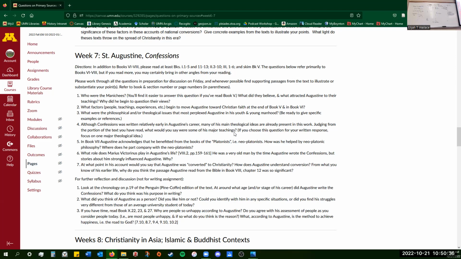All right, so questions. Manichaeans: what does Augustine think of these guys and their dualism? He's shaking his head. What do you got? What doesn't he like about them?